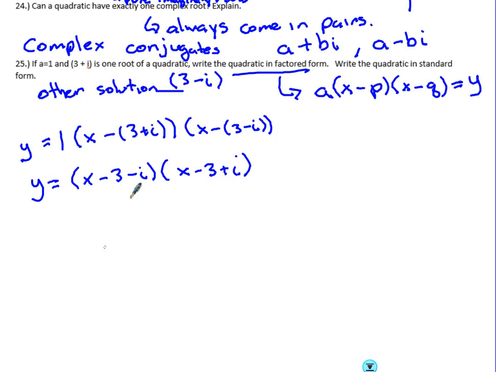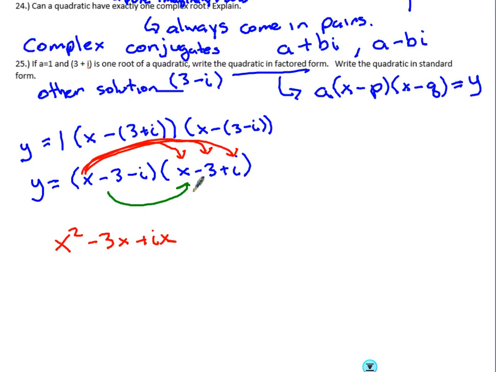So to multiply this all out, you would do x times x, x times negative 3, x times i. So x squared minus 3x plus ix. Then you would do negative 3 times x, negative 3 times negative 3, negative 3 times i.